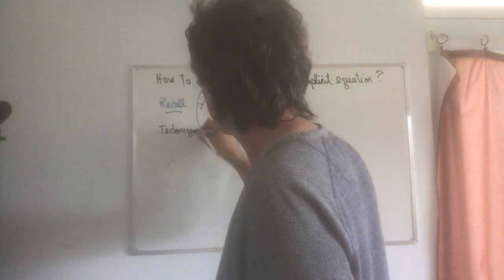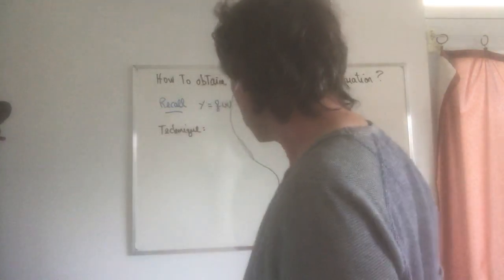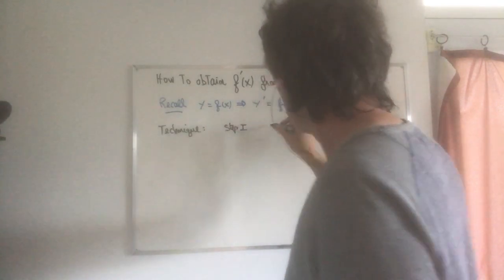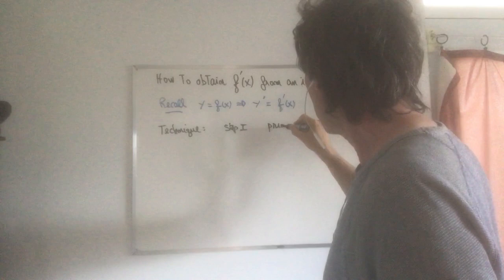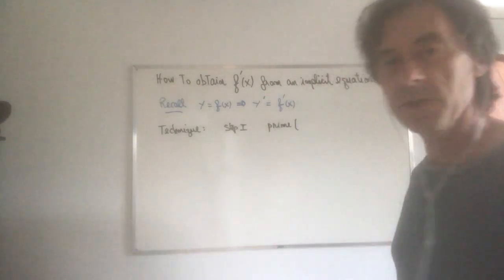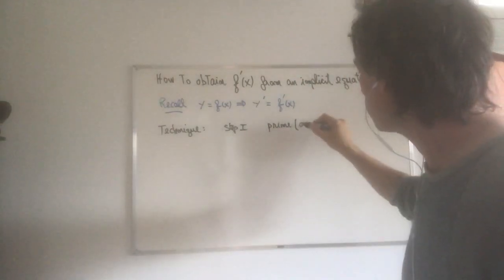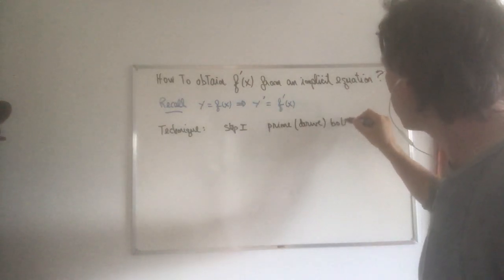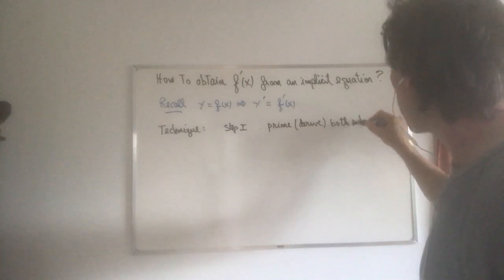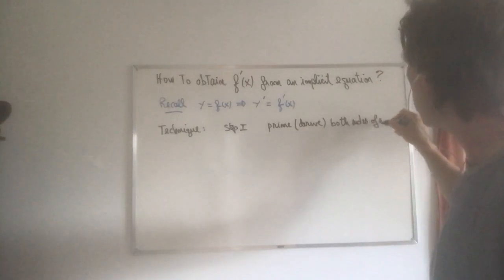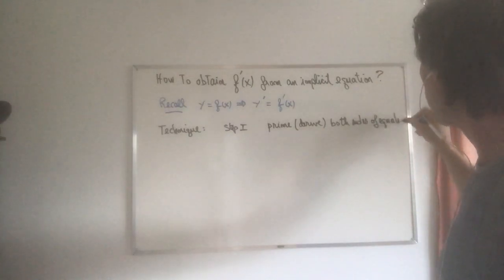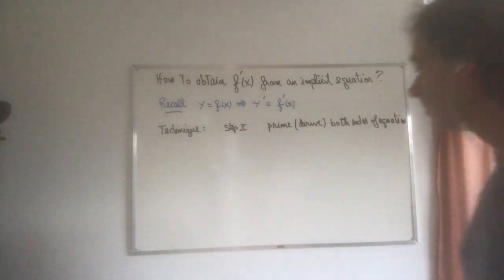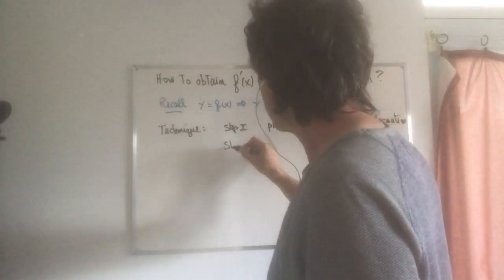It's a technique. I will describe the technique in 3 steps. Step 1, prime. Okay, we all know what that means in this class. What does it mean to prime? It means to derive, yeah? So derive both sides of the equation. So you prime both sides. You derive both sides of the equation. Step 2.